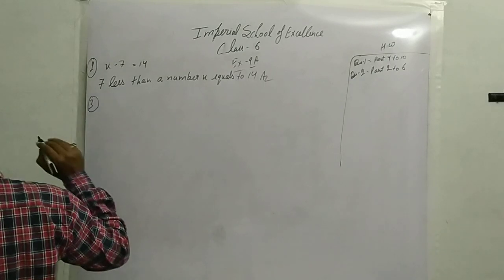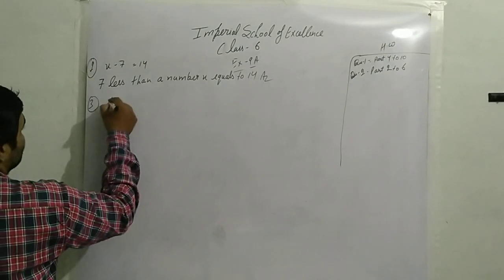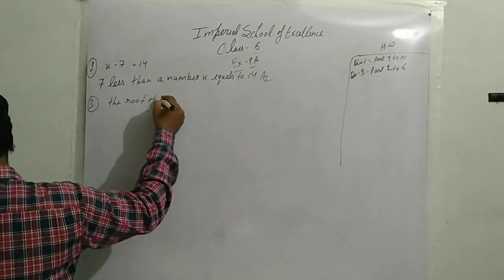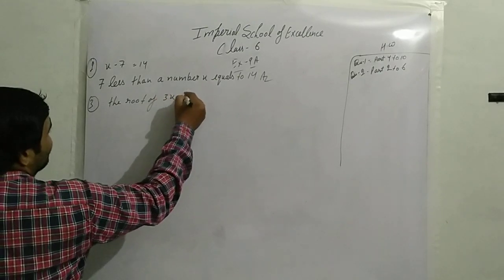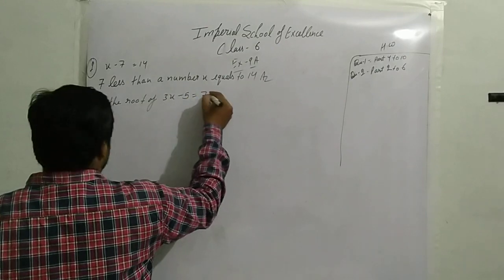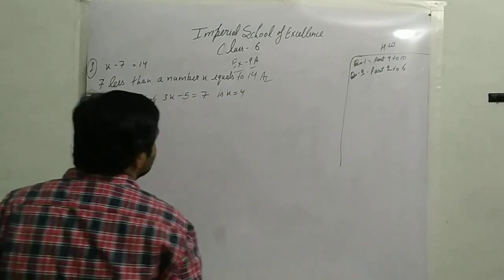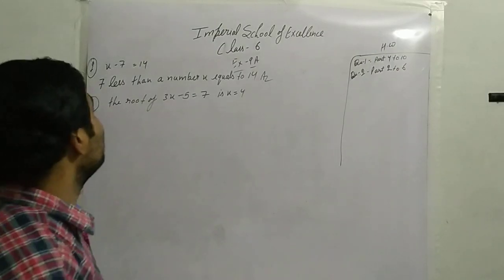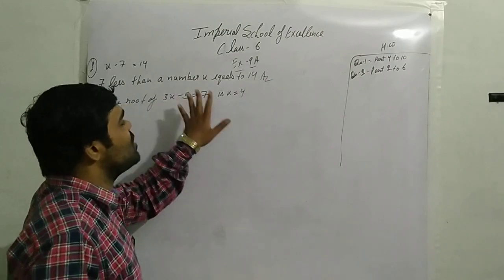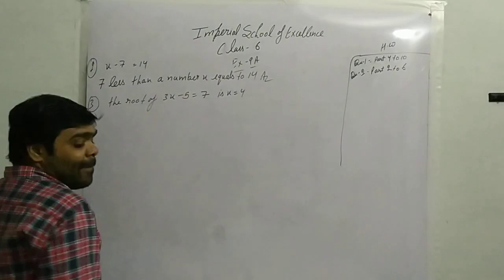Question number 3 is given here: verify by substitution that the root of 3x minus 5 equals 7 is x equals 4.